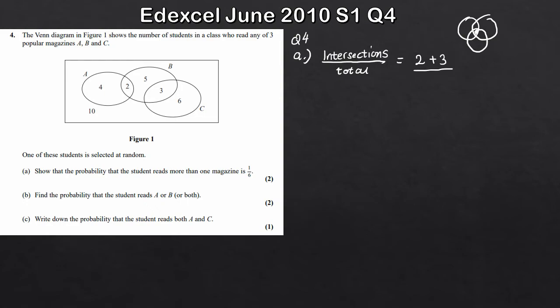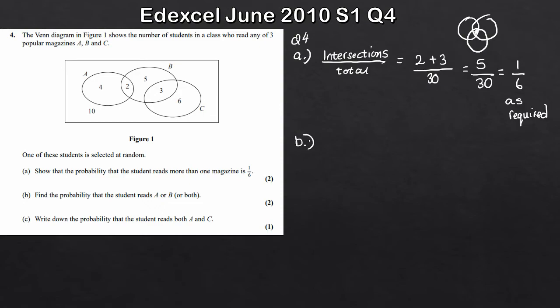We'll just add up all the numbers. 4 plus 2 is 6, plus the 5, plus the 3, plus the 6, plus the 10. Add all of them up, we get 30. So this gives us 5 over 30. If you simplify this, dividing numerator and denominator by 5, you get 1 over 6 as required. So a nice question to start off with. Part B now.